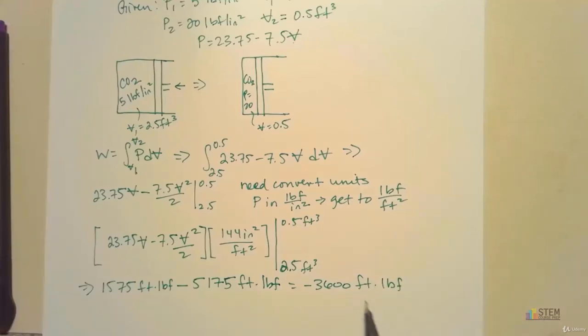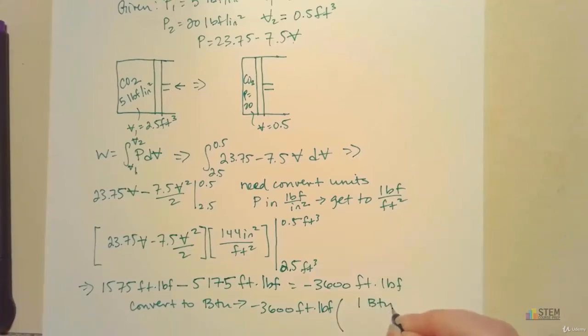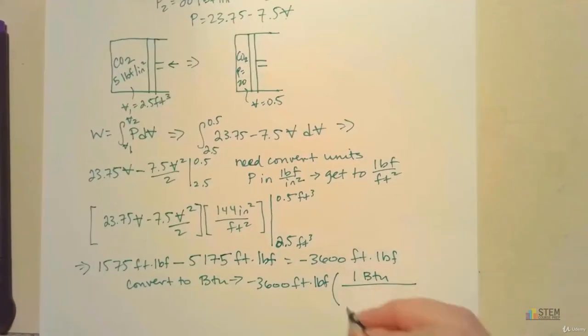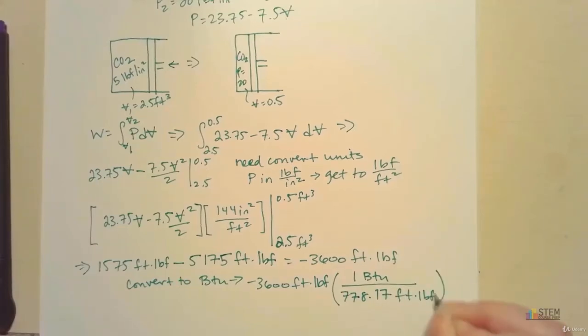And now we don't want this unit, right? We want British thermal units. We want BTU. We need to convert to that. See, I told you guys we'd be doing a lot of conversions in here. So let's take the negative 3,600 and we're going to convert over to BTU. So if you look in your conversion table, you'll see that 1 BTU is equivalent to 778.17 foot-pound force.